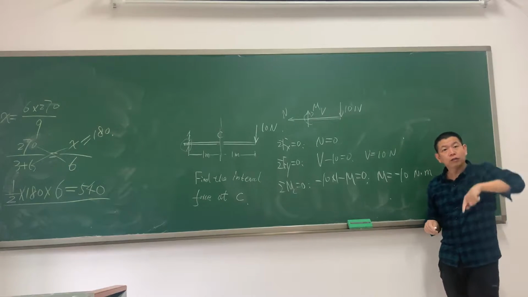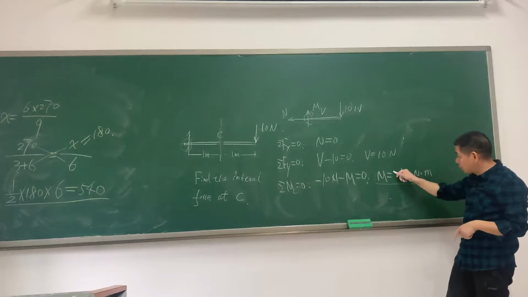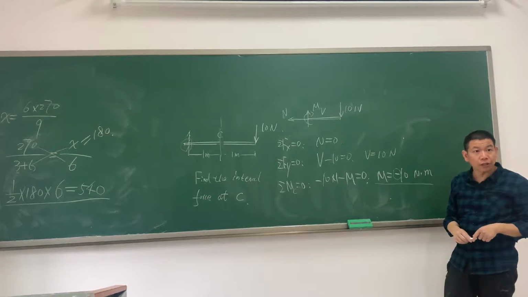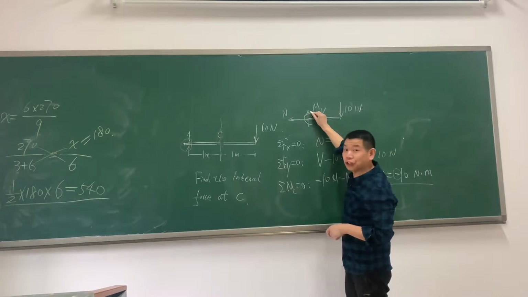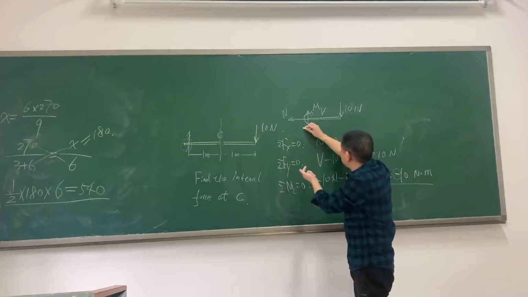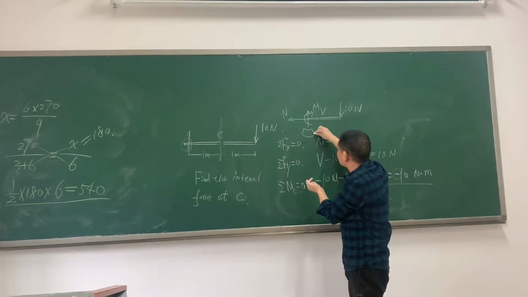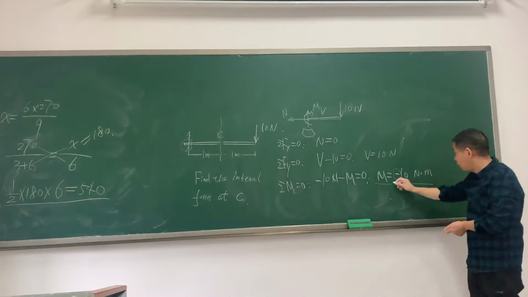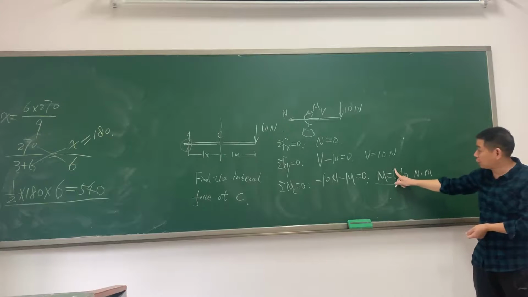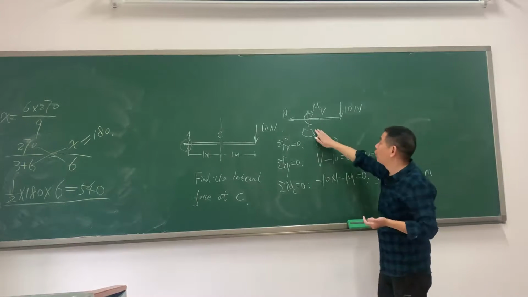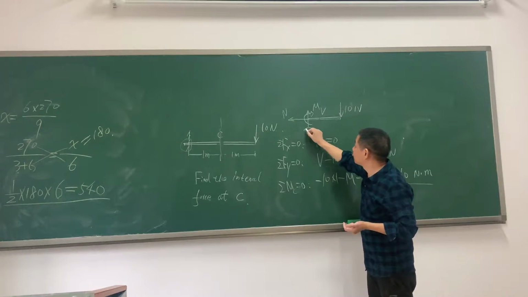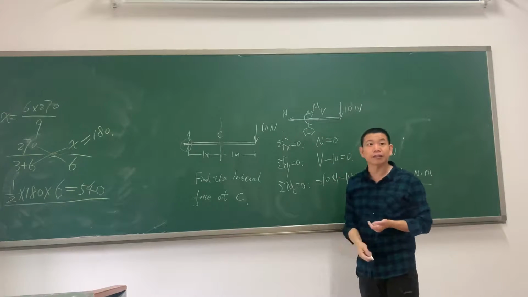Look at me, it is minus. So it is my assumption. I assumed it bends like this, but actually there is a negative. After I find the moment, I know it actually bends like this.